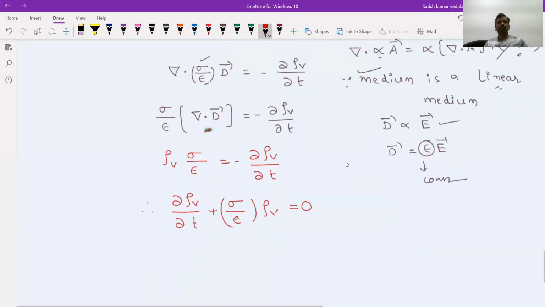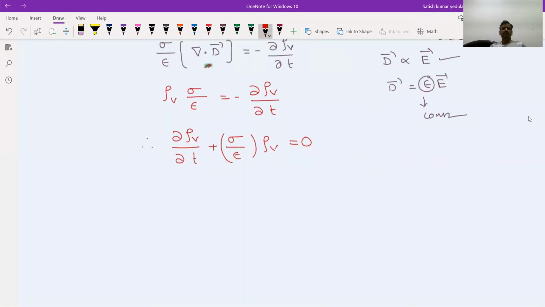It's a very simple first order differential equation. Because it is 0, there is only the complementary function. There is no particular integral; it will become 0.